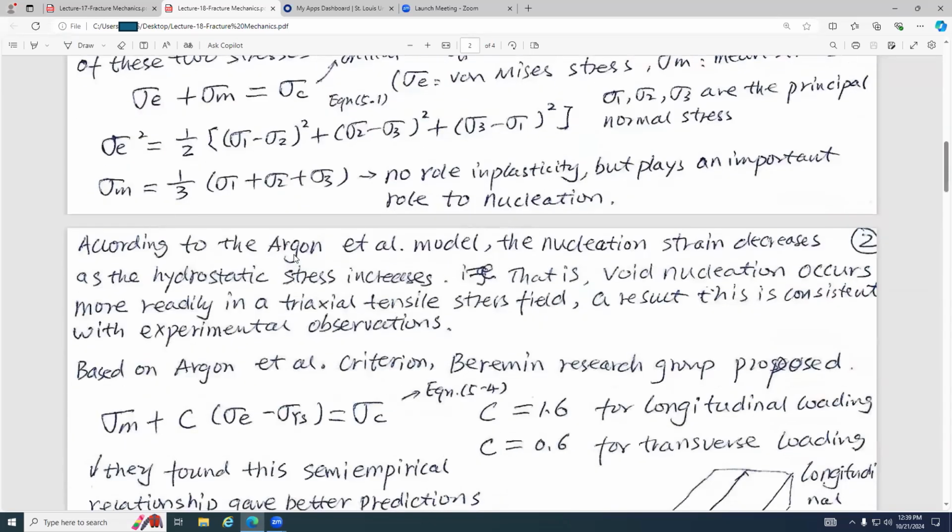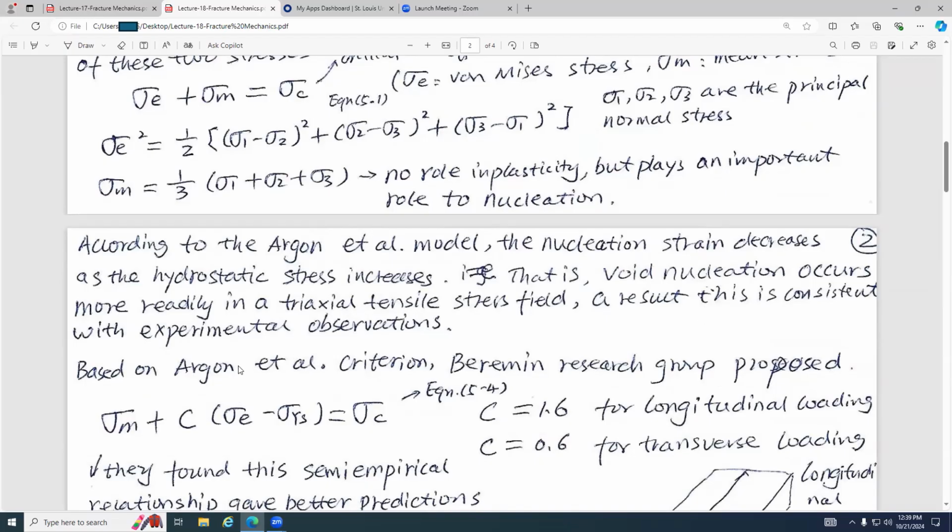So according to Argon et al.'s model, the nucleation strain decreases as the hydrostatic stress increases. That is, void nucleation occurs more readily in a triaxial tensile stress field, a result that is consistent with experimental observations.